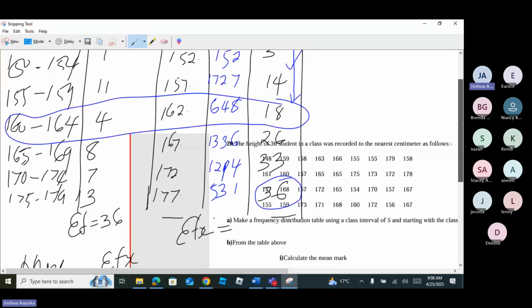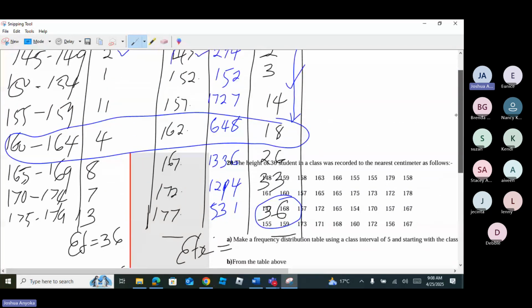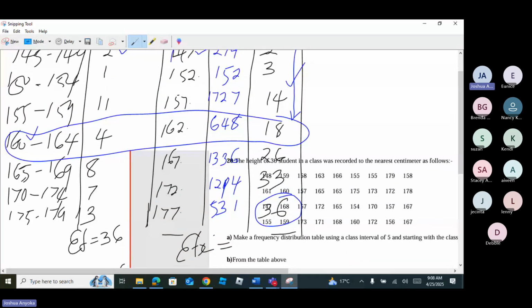Then from the median class, we get the lower class boundary of the median class, which is 159.5.